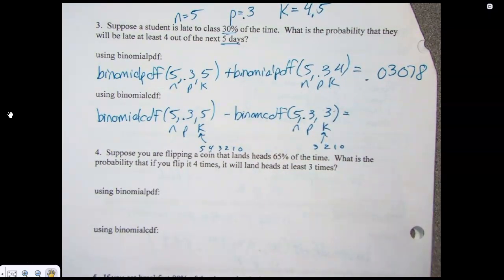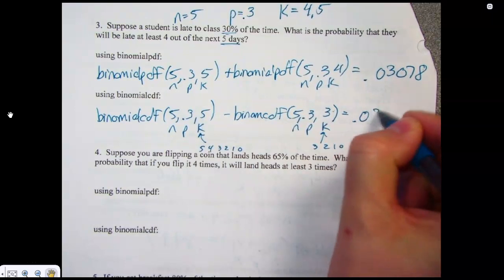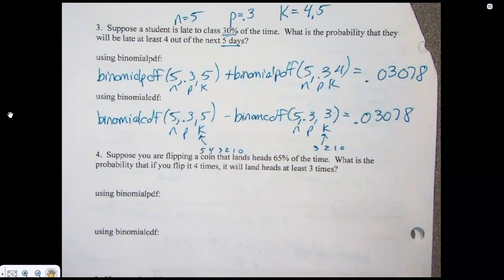So you can do whichever, and these get mixed up, and there are different types. Some are more than this, between this and this, less than this, less than or equal to this, more than or equal to this. So there are all these different scenarios, and you just kind of got to play with it and see which way is working best for you. You'll get the exact same answer here. If you want to take a second and type it in and check it.